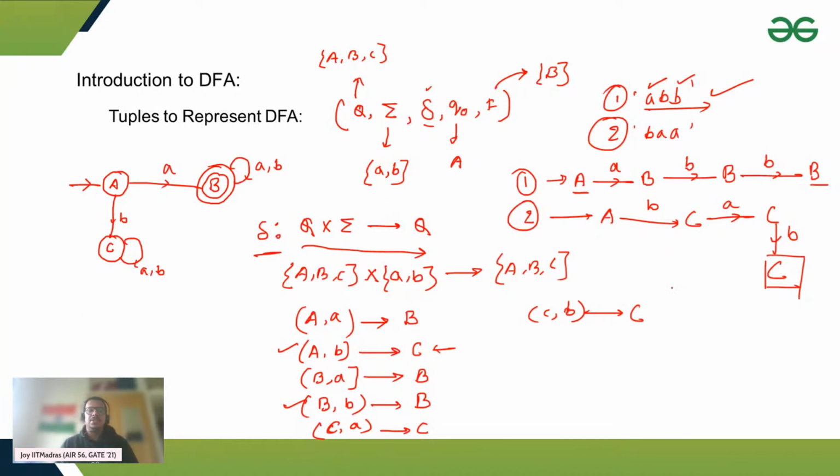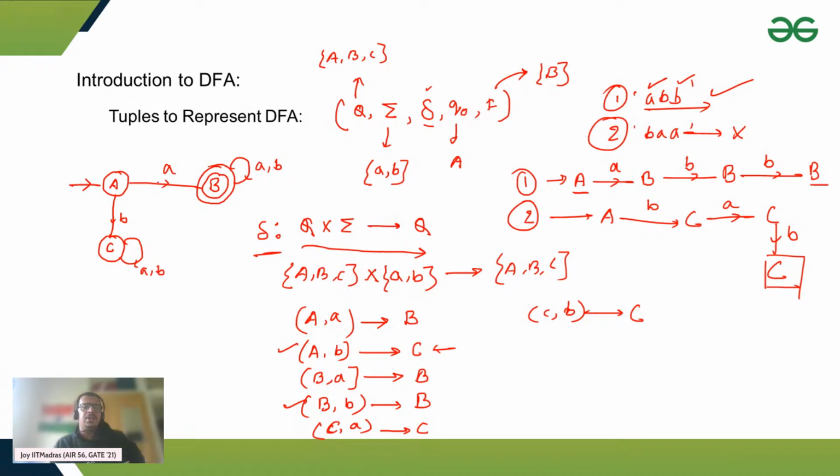That means this string is not accepted, because we are not reaching a final state. So this is a very important criterion: upon scanning the whole string, we should be reaching the final state.